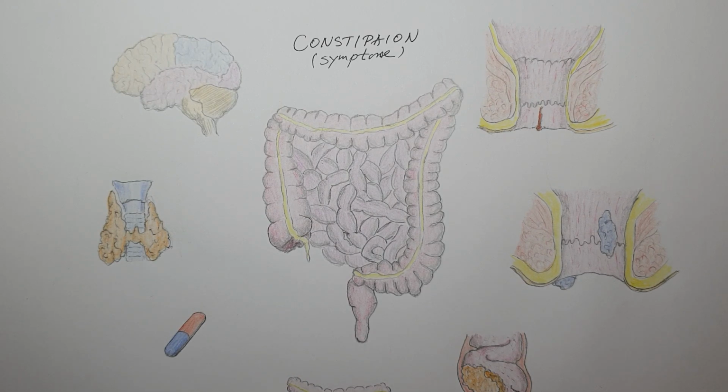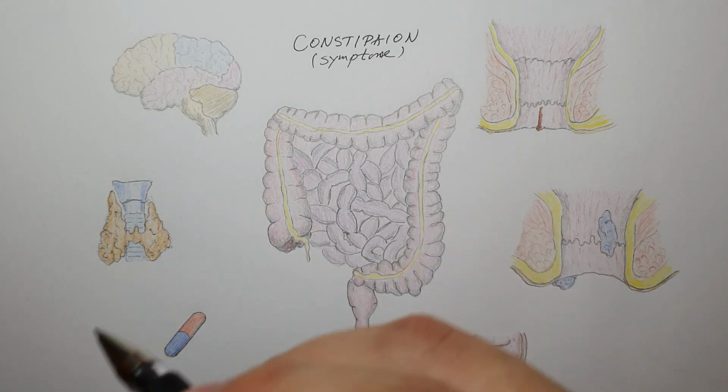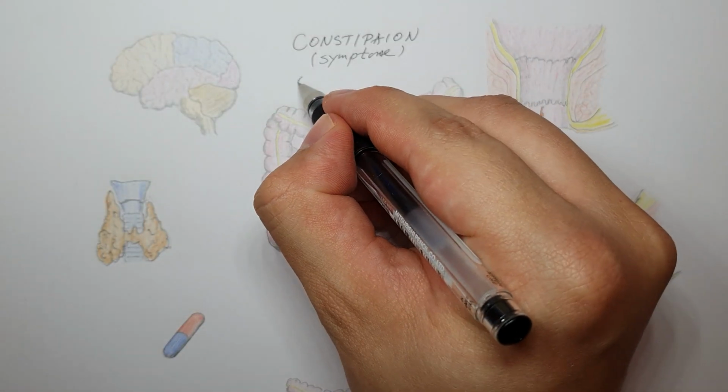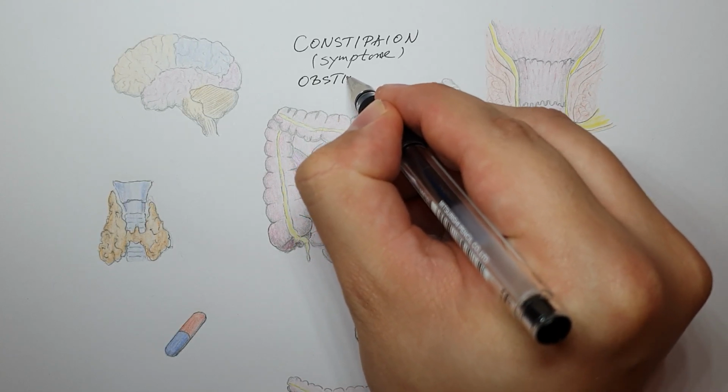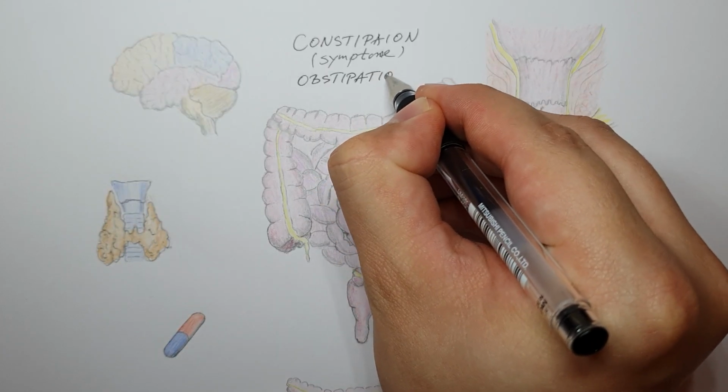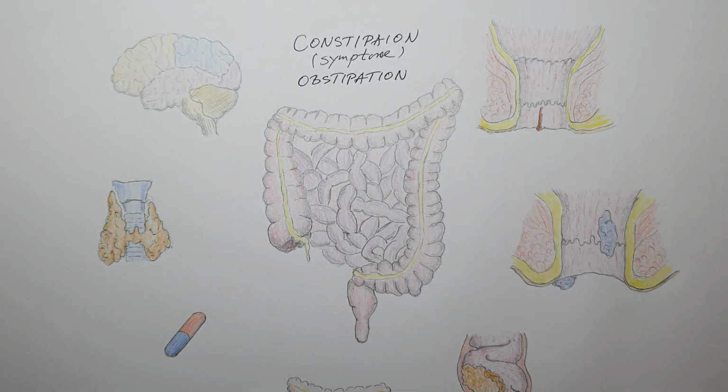There is also another term that we need to discuss, and that is obstipation. These terms are similar, but they are actually very different. In constipation, people have difficulty passing the stool, maybe less frequent, maybe difficult to expel hard stools, incomplete evacuation, and so on.